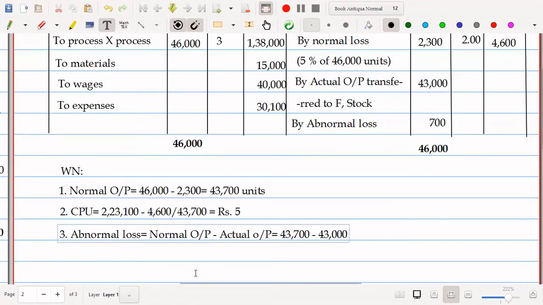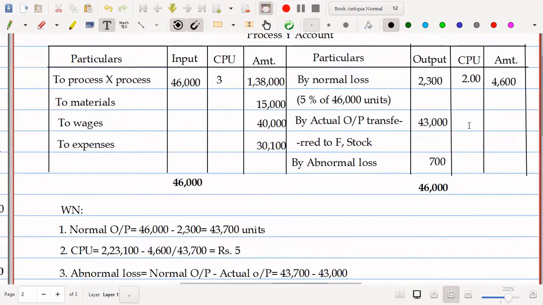So the answer is abnormal loss of 700 units. Now we'll take this value of rupees 3 here and check the total on both sides.